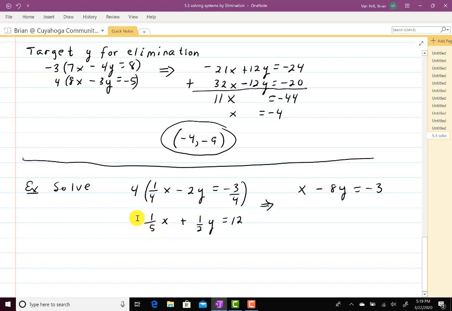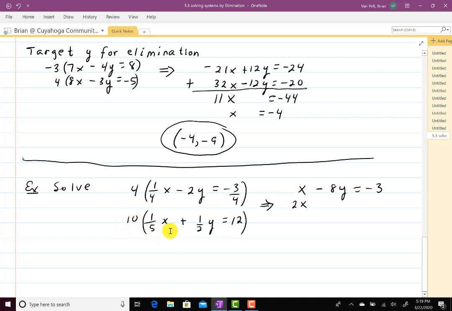On the other hand, I want to get rid of a 5 in the denominator and a 2. The LCD of 1/5 and 1/2 is 10. So I'll multiply the second equation by the LCD, which is 10. Then, when I do 10 times 1/5 x, it'll give me a 2x.